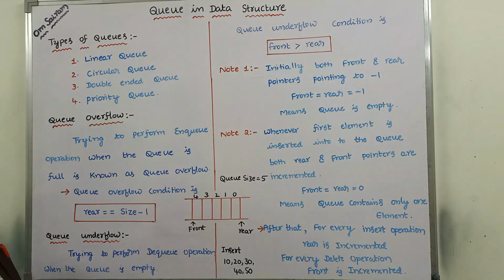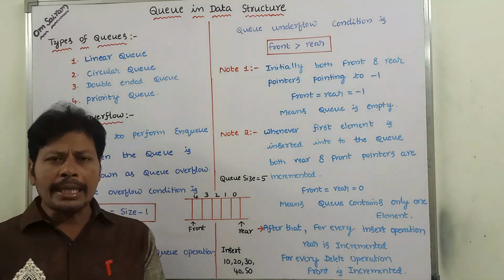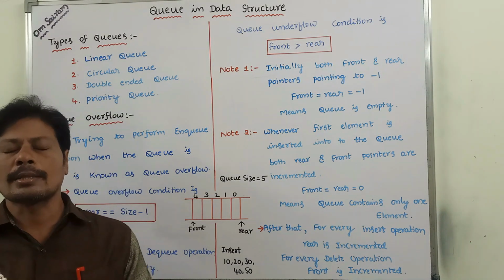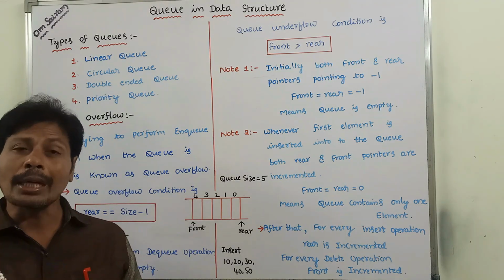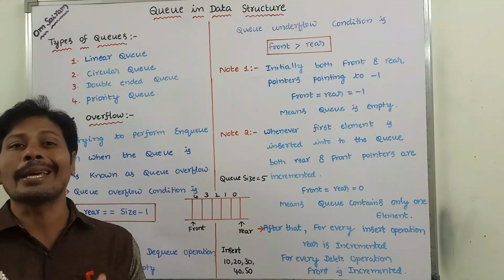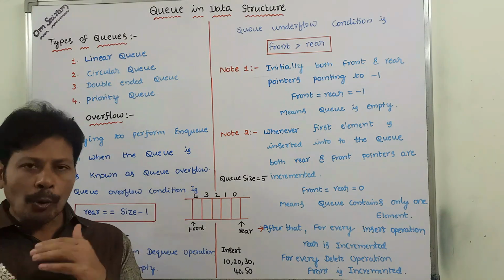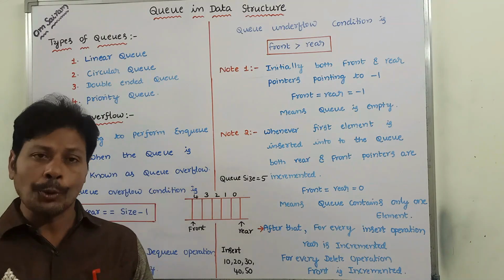Next one is queue overflow. So what is queue overflow? Suppose queue size is 5. Queue contains 5 elements. At that time, queue is full. Suppose we want to insert another element into the queue.